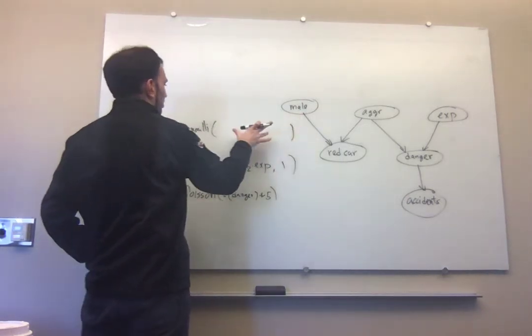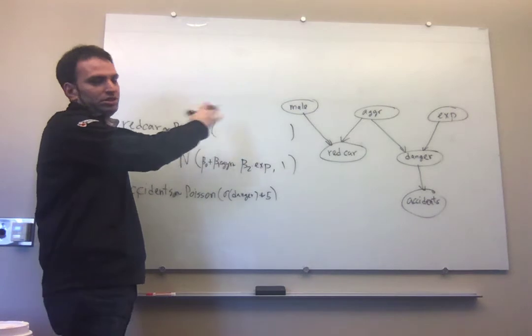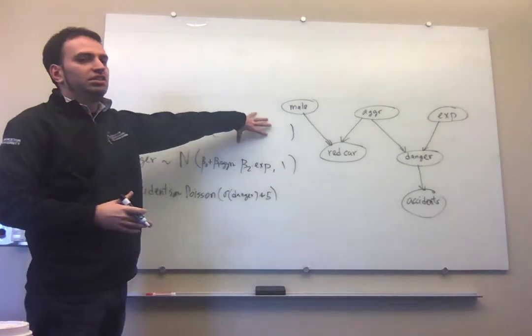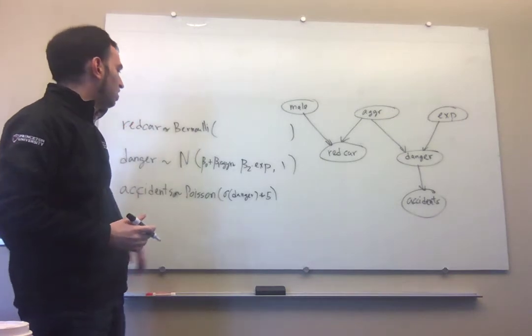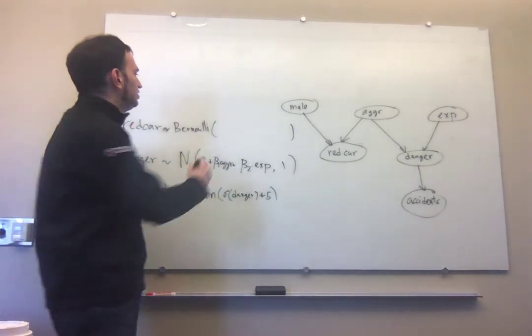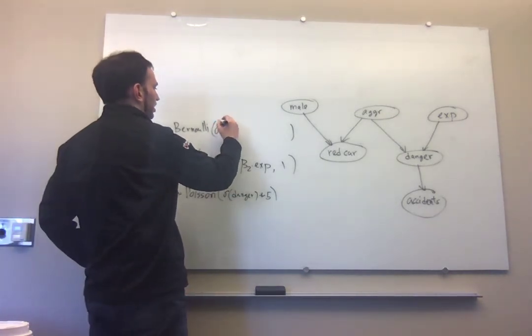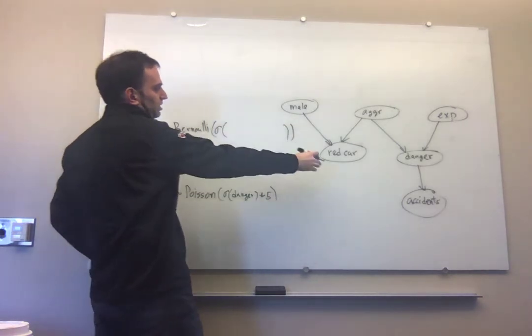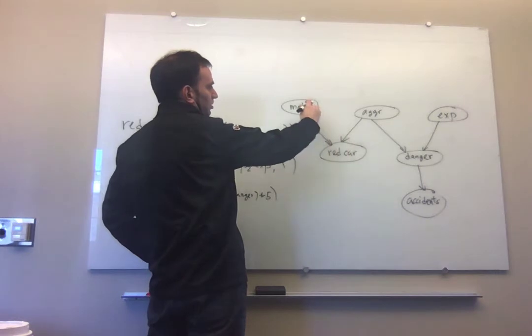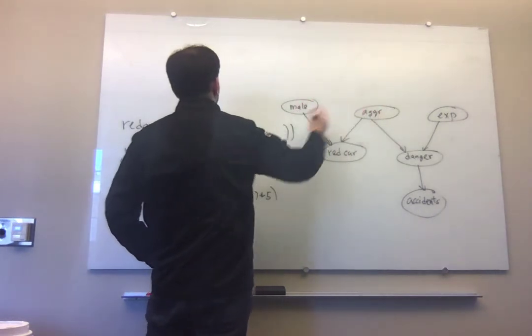And now the parameter has got to be a number between 0 and 1, because it is the probability that the output is 1. We already have a trick for doing that, so it has to be a sigma of something. Driving a red car is caused by being male and caused by aggressiveness.